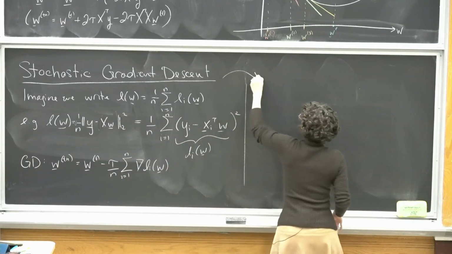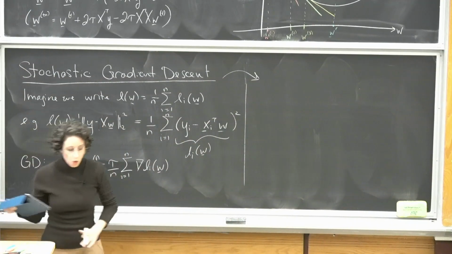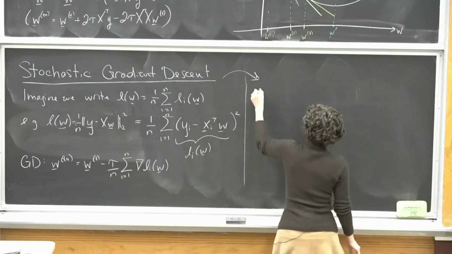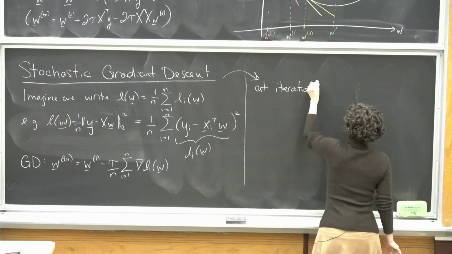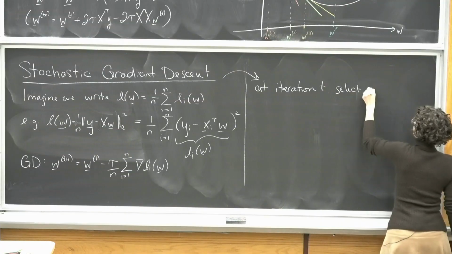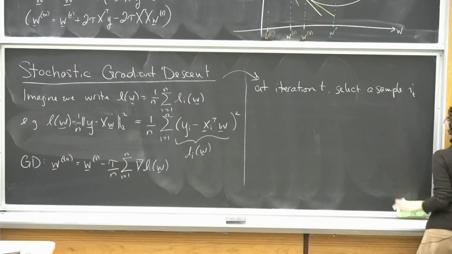And now when we talk about stochastic gradient descent, we're going to only use one sample at a time. So at iteration t, we are going to select a sample I sub t.